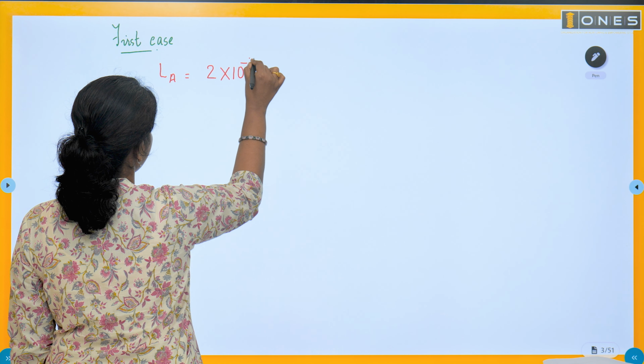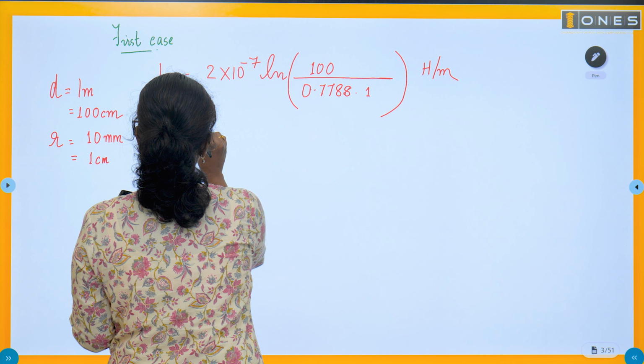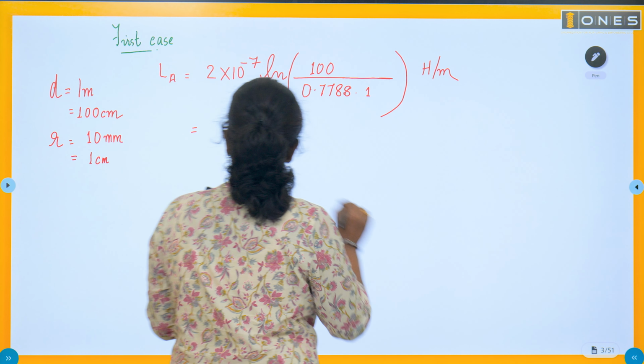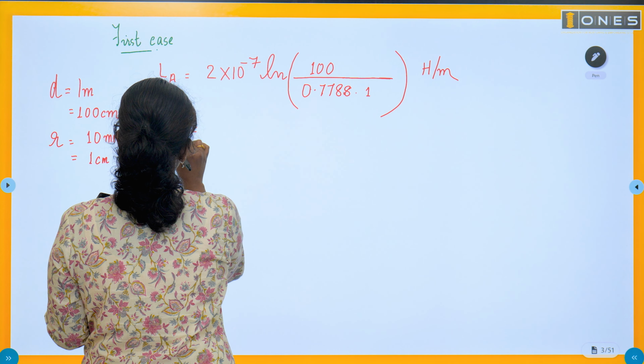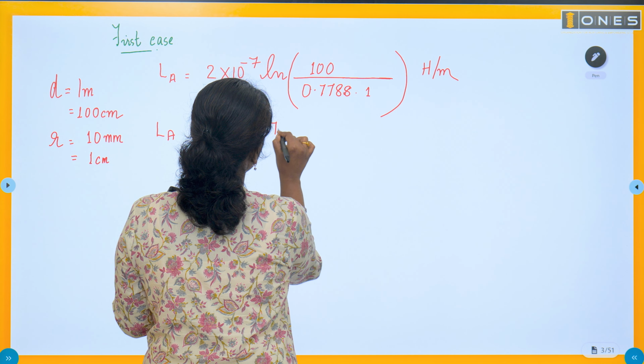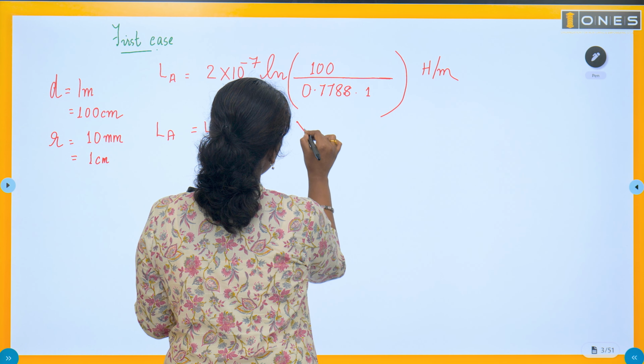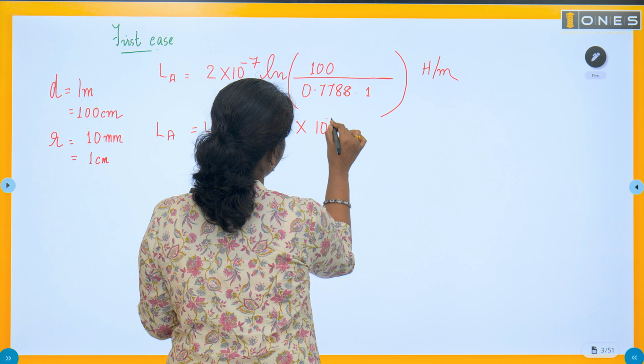10 mm is 1 centimeter. So for the numerator and denominator, I converted the units into centimeters. So this is this much Henry per meter. When you evaluate this, you will get the answer as LA is equal to LB, the same inductance per phase of the two-wire single phase transmission system, as 9.71 into 10 to the power minus 7 Henry per meter.